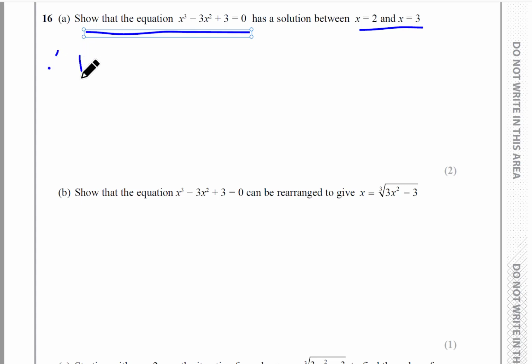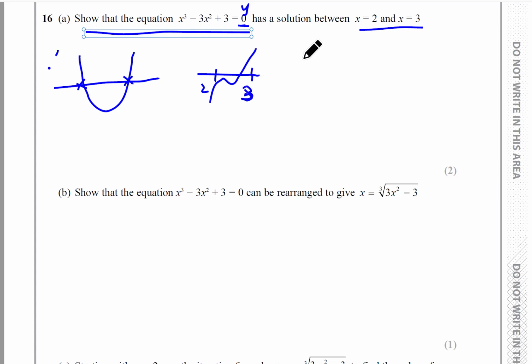If the graph was a quadratic, we know the roots cross the x-axis when y is 0. Now this is a cubic, so it could be something like that, and we just need to show that it goes between 2 and 3. So this could be a really easy 2 marks if you know what to do.